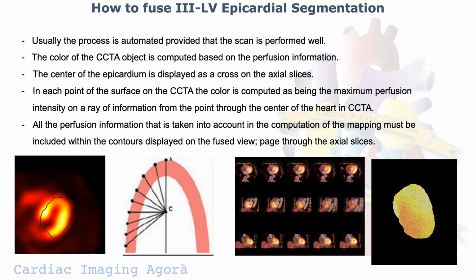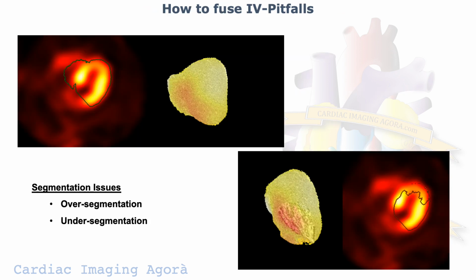a good segmentation. At this stage you will encounter some pitfalls, either an improper segmentation, an over-segmentation or an under-segmentation. In some cases where you do not have the ideal quality of one of the two scans, the automated algorithm might not work at all, so you have to manually segment the left ventricle epicardium.